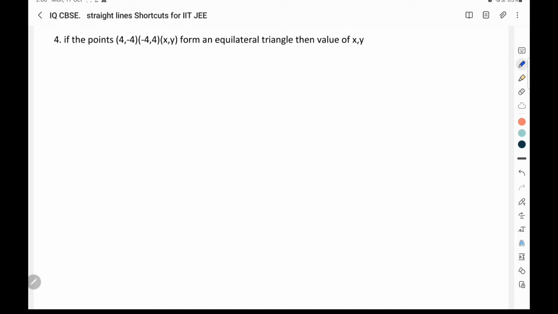If 3 points are given and it is said that they form an equilateral triangle, which means all sides are equal, here there is a direct shortcut.